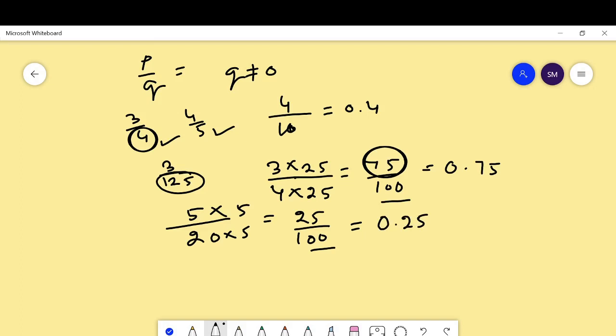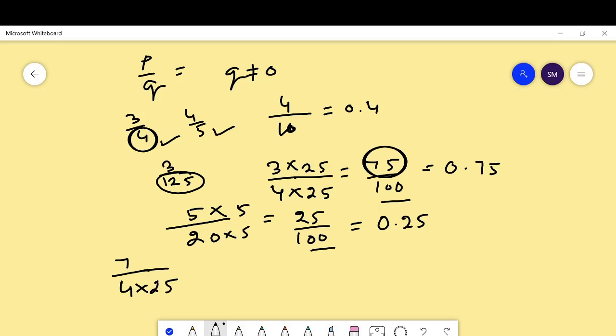Suppose this is 7 upon 4. Then here the denominator is 4. We have to convert the 4 into 10 or a power of 10. 4 cannot be converted into 10 because 4 is not a factor of 10. But 4 can be converted into 100 by multiplying by 25, because 4 is a factor of 100.